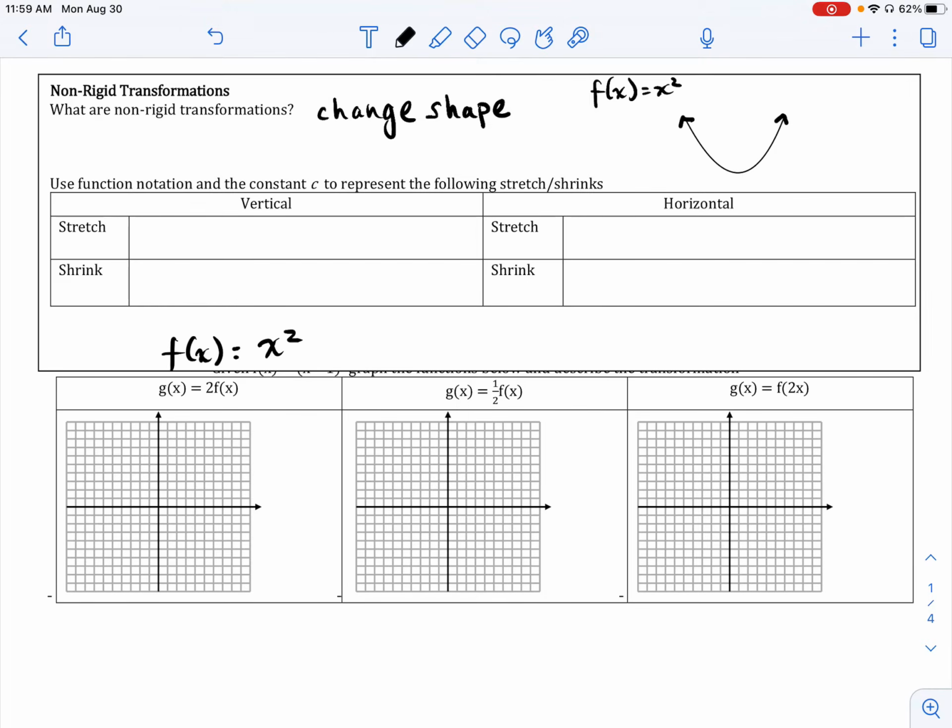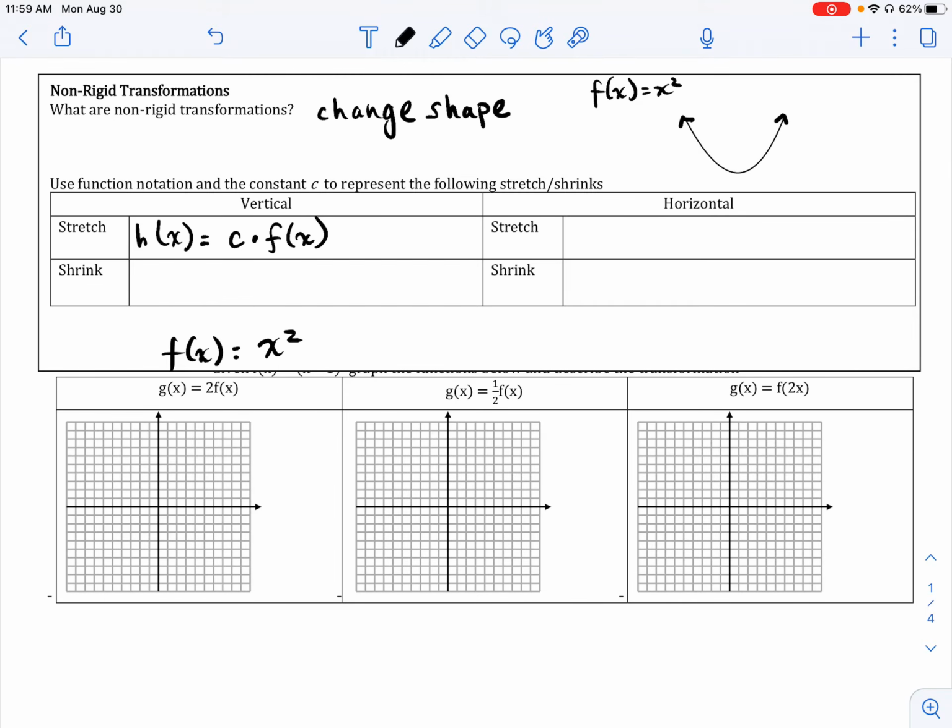So let's actually break this set of non-rigid transformations down into two separate terms. We've got what we call a stretch or a shrink, and this pressure can be applied from either direction. Let's talk about vertical stretches and shrinks first. We would say that a function stretches vertically when the following is true: when h of x is equal to our function f of x times some constant c.